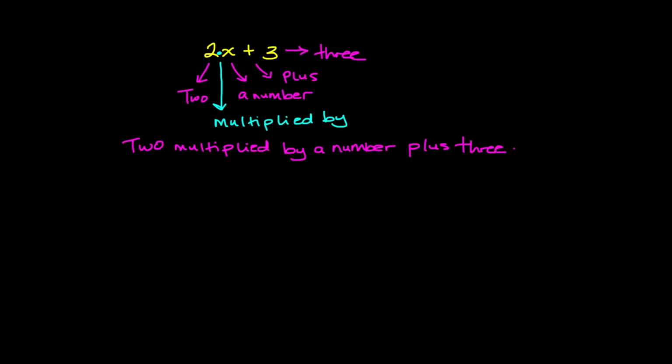One thing that I have to mention is that when you're trying to write sentences out of these expressions, there are numerous ways of writing an expression sentence. It depends on what you're comfortable with and what terminology you are more familiar with. Say, for example, in this case, instead of multiplied by, I could have used times. So this expression could have also been written as 2 times a number plus 3.